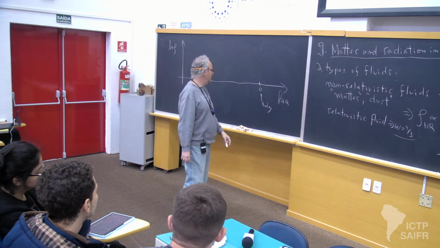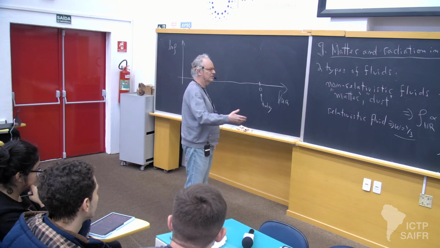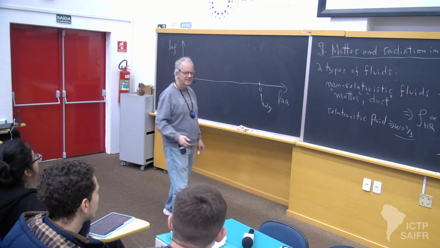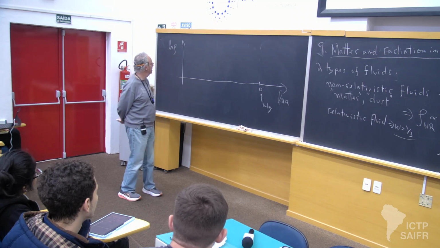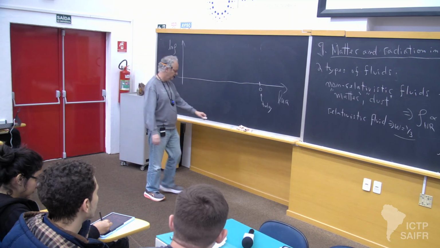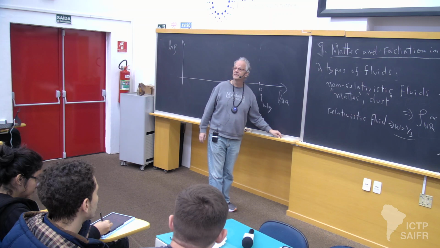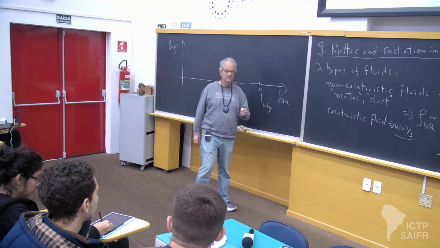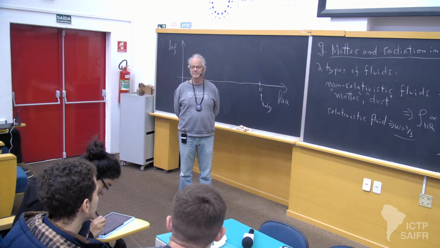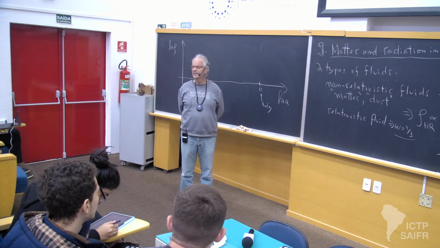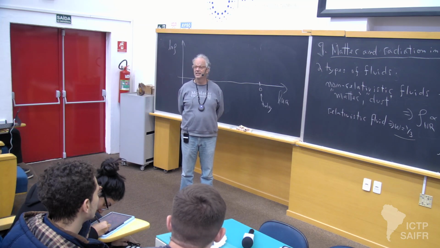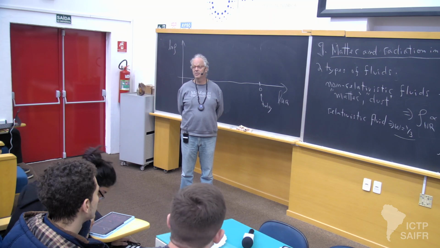So if the scale factor decreases, let's talk first about radiation. What happens to the energy density of radiation when the scale factor decreases? Yes, it increases as you go back in time. How does it increase? With the factor a to the minus 4.